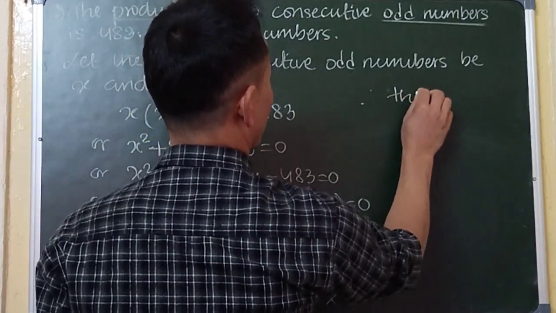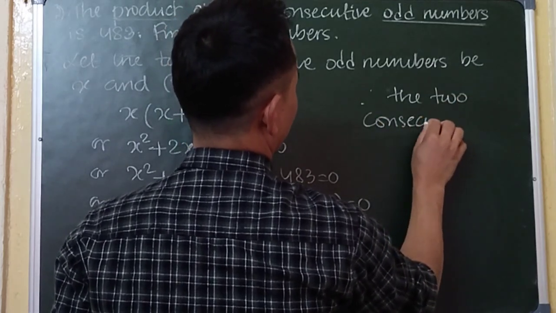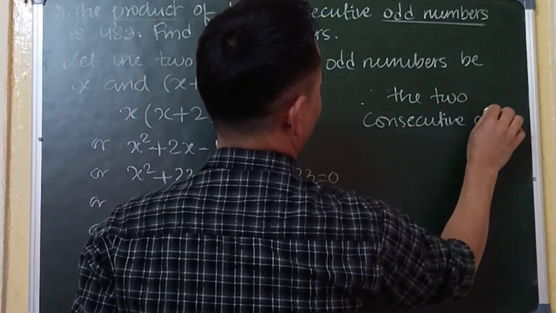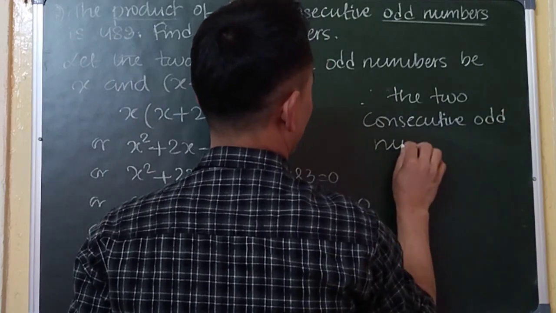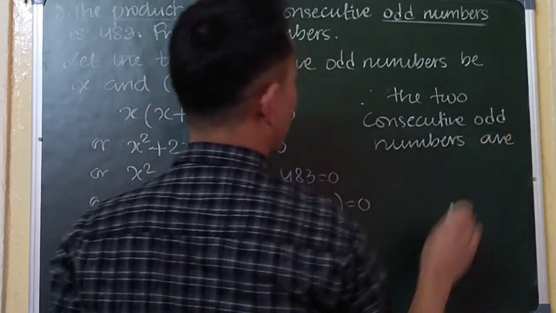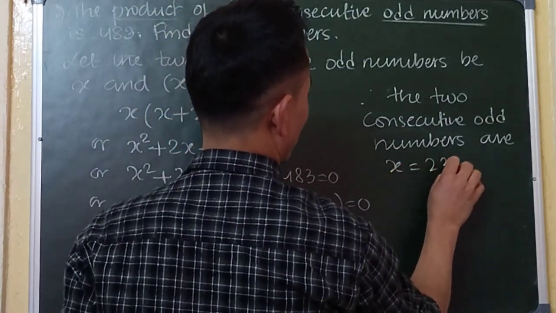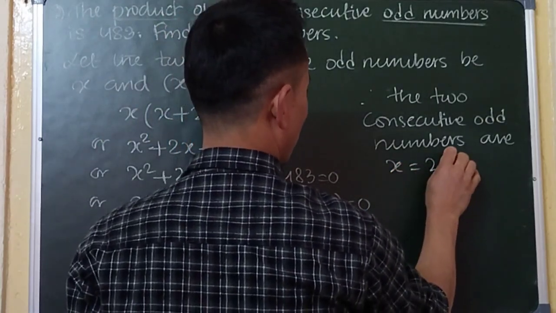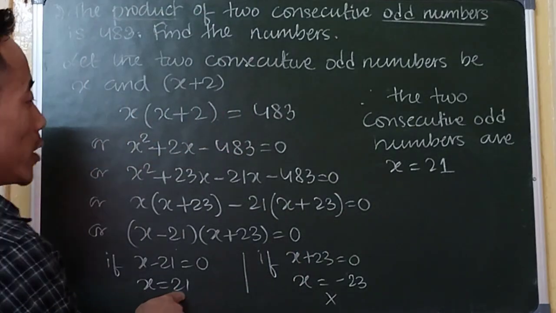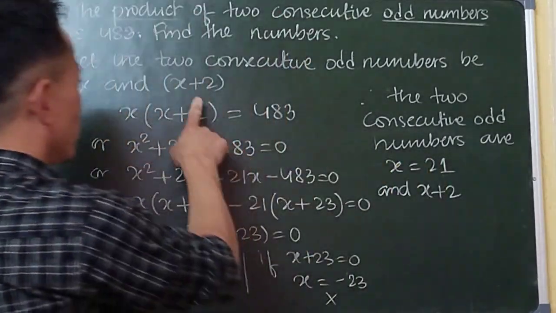Therefore, the two consecutive odd numbers are, so x, which is 21 here, so x is equals to 21, and the other number is x plus 2, this one.